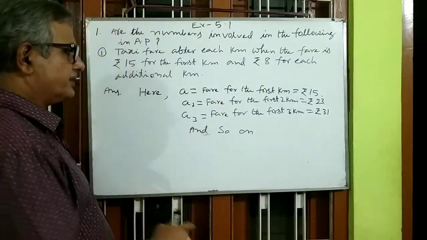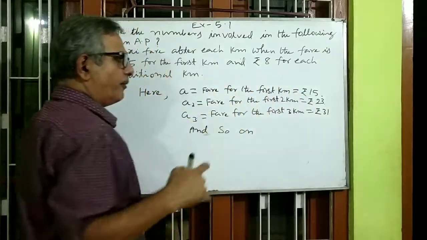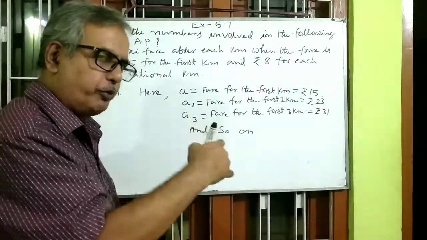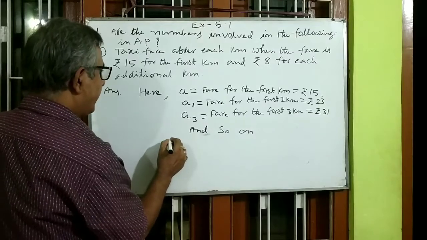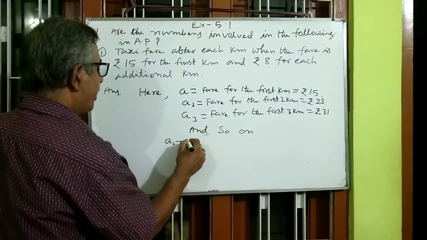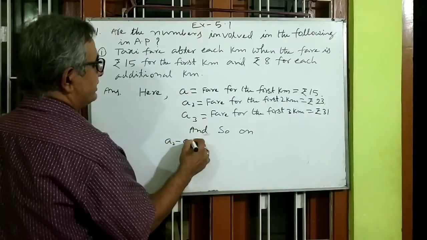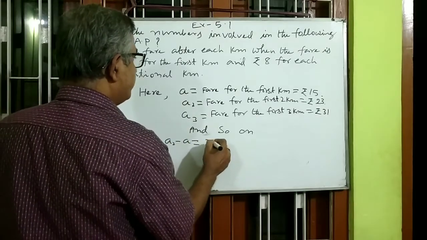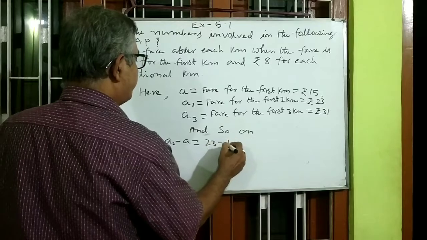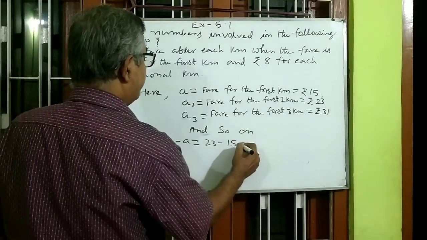My dear students, these are the numbers involved. Are they in an AP? Now we are going to check. A2 minus A1, A1 or A, it is the same thing. A means first. 23 minus 15, you get 8.